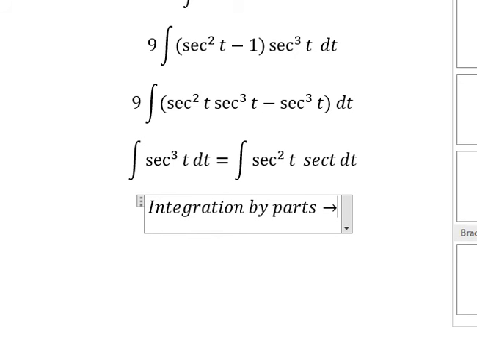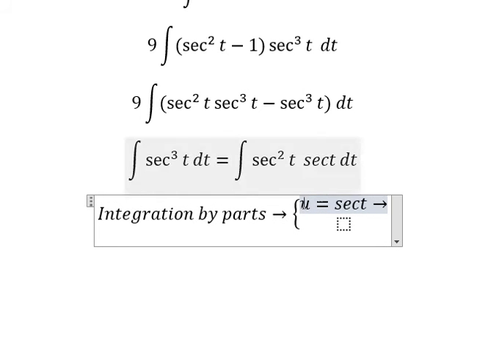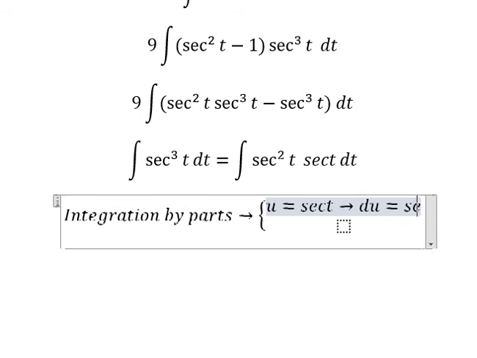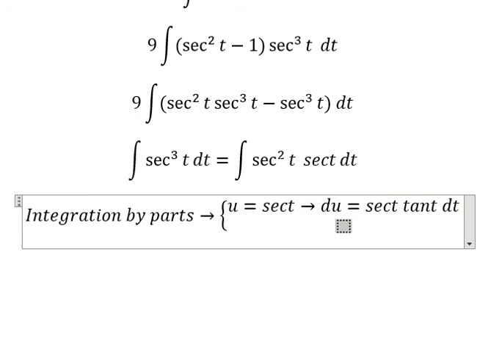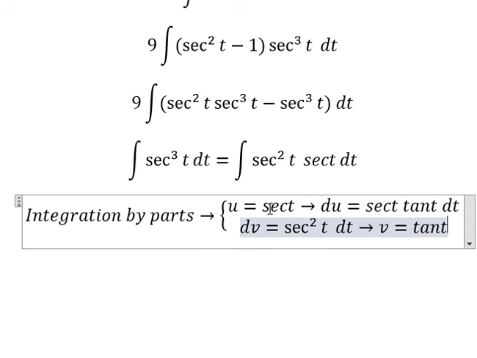So we have u equal to secant of t. So we first take the derivative of both sides. You get du equal to secant of t tan t dt. dv we get secant of t squared dt. The integration of this one, you get v equals tan t. So we get secant of t multiplied by tan t.